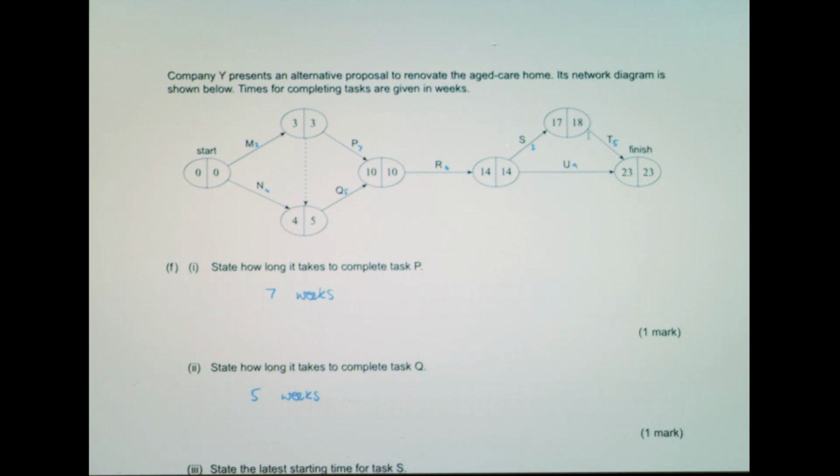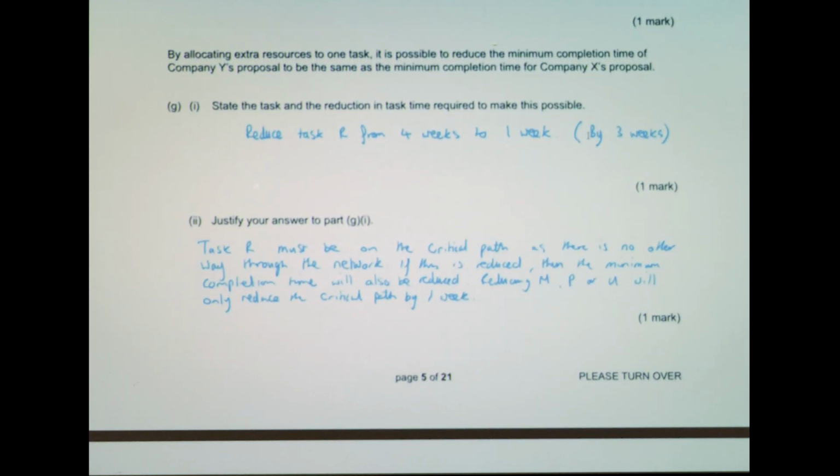I've given quite a detailed explanation as to why that's true. If you look at the sections of the network, if we look at the STU section, you can only save 1 week from that section.